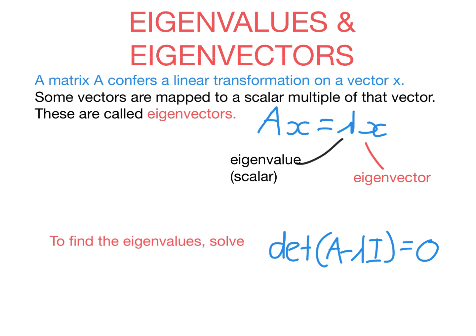You just stretch it. So mathematically, it satisfies the equation A times X equals lambda times X. When you multiply a matrix by a vector, you simply get a scalar multiple of that vector. Here, this lambda is called the eigenvalue. It's just a scalar, it's just a number, and this is called the eigenvector.